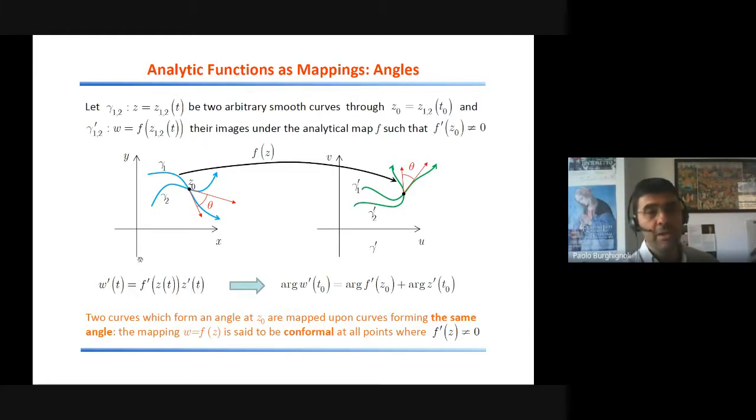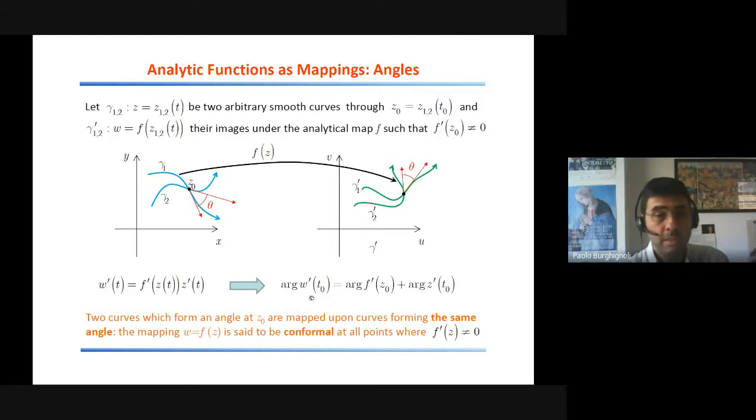If you consider the argument of this equality, since the argument of a product is the sum of the arguments, you will discover that the argument of the derivative w prime evaluated at t0, which is the parameter that corresponds to the intersection point z0, is equal to the sum of the arguments of the function f prime evaluated at the intersection point z0 plus the argument of z prime evaluated at the parameter t0.